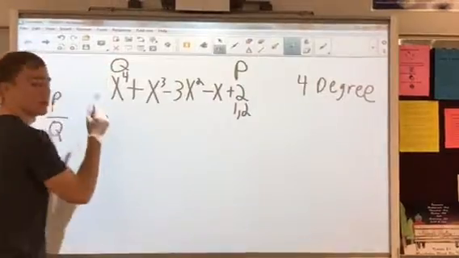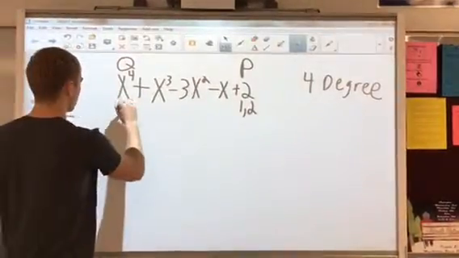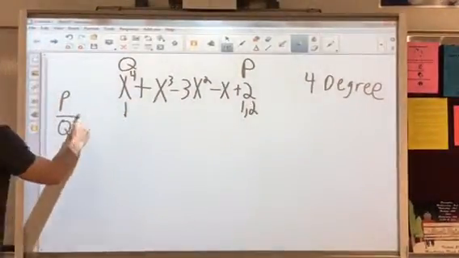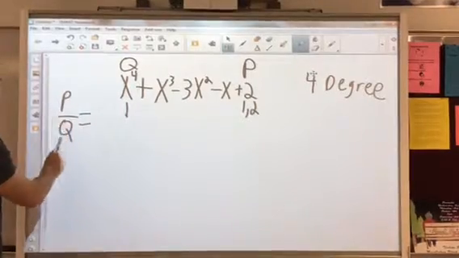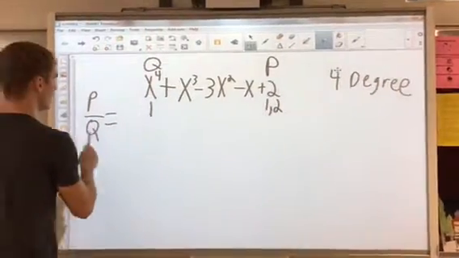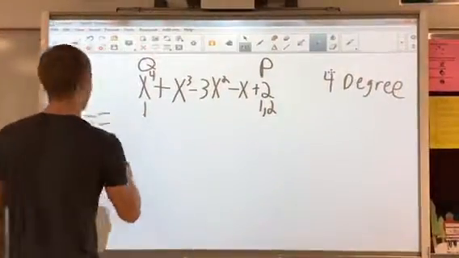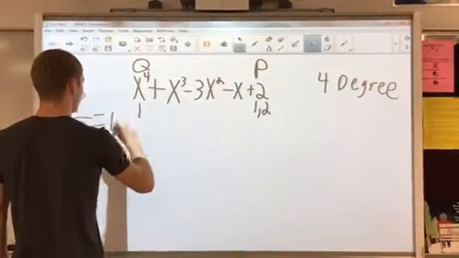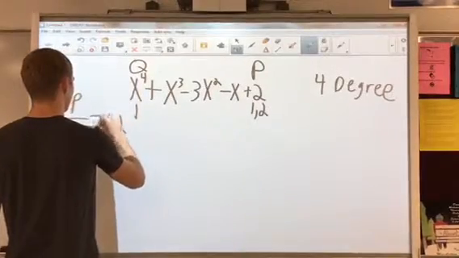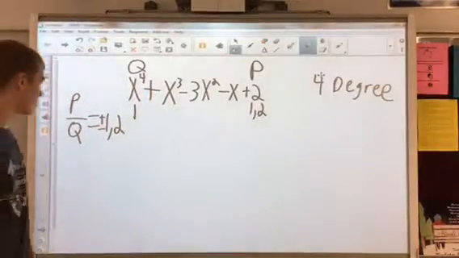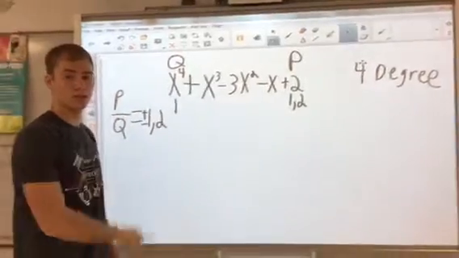Our Q term is a 1, so there's 1. The P divided by the Q equals all the possible zeros of this equation, and all of those are plus or minus.